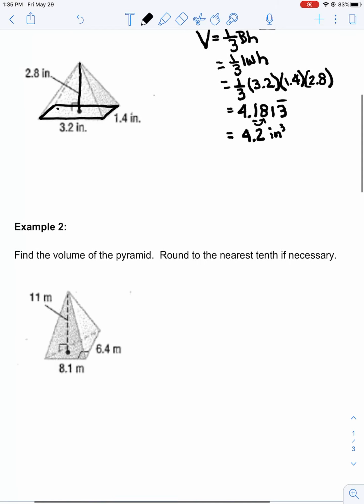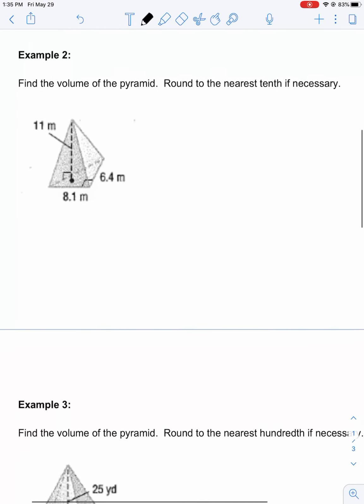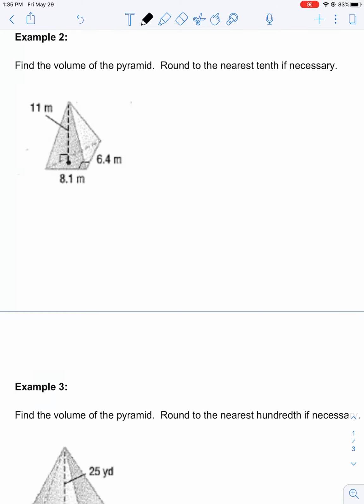Our next example, example number 2, is an example of a triangular pyramid. And that is because our base here is a triangle, right there. Okay? So we have our volume equals 1/3 capital B H. So now we have 1/3, and then it's 1/2 base times height, because that's the area of the base, which is a triangle, times the height of the pyramid.